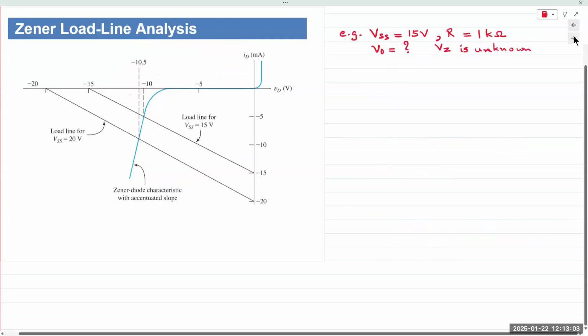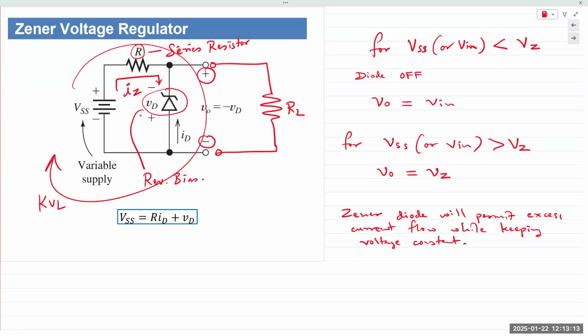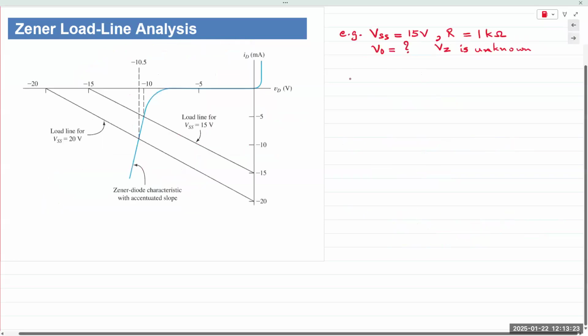And for reference purposes, just for this example, I'm going to stick with the minus and plus sign as shown in the diagram, which means minus is at the cathode and positive is at the anode.